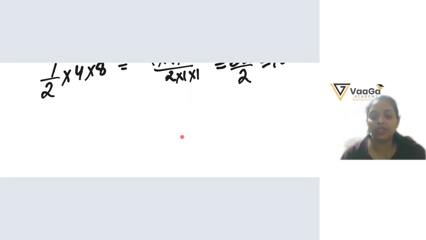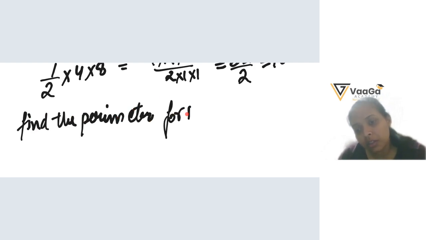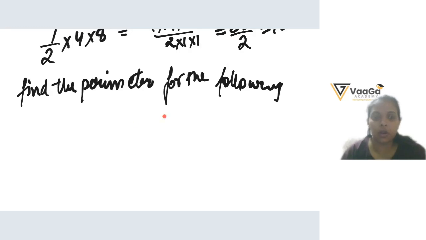Chalo, let's try one more question. It's a little different from what we were doing till now. Find the perimeter for the following shape.